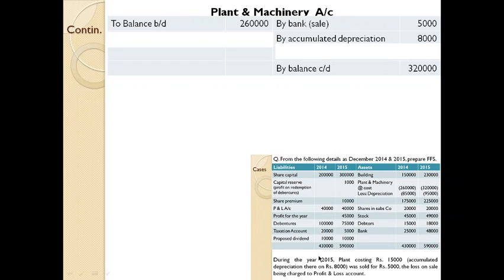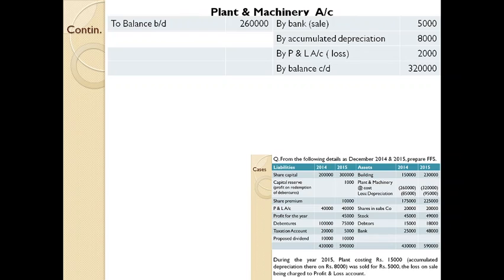Here cost is given, depreciation is given, so you can easily find book value. Here 15,000 minus 8,000, you will get 7,000. That is the book value of that particular asset, and that asset was sold for 5,000. So it is quite natural that the sale was a loss. Since it was a loss, we can write P&L account in brackets. You need to specify the reason, loss, so 2,000.